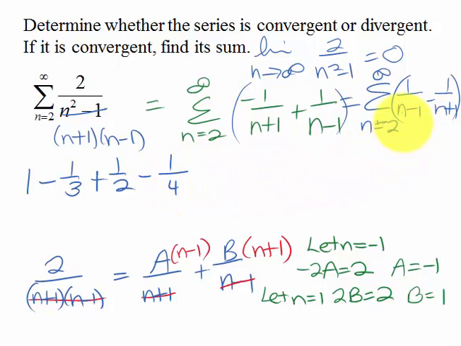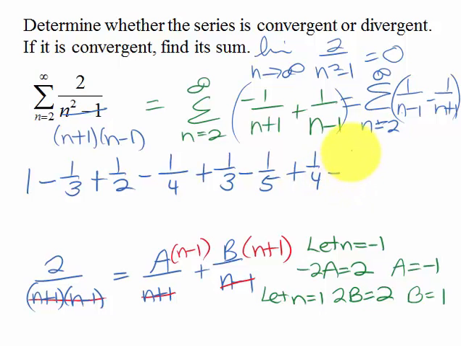Now putting in a 4, we have plus 1 over 3 and then minus 1 over 5. If we continued, we can see the pattern. This starts as a 1, then a half, then a third, plus a fourth, minus, this went 3, then 4, then 5, so this would be a 6, and so forth.